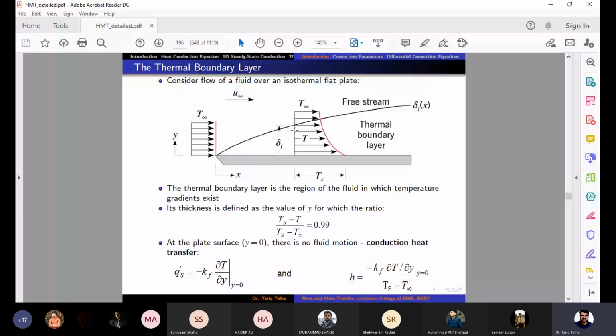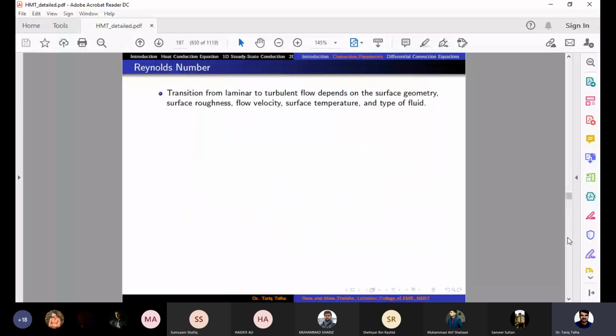And to get the temperature field inside the boundary layer, we need to first determine the velocity inside this boundary layer, and for that we need to solve the boundary layer equation. How do we get to the boundary layer equations from the Navier-Stokes equation? I would explain that maybe in 15 minutes' time on the whiteboard.